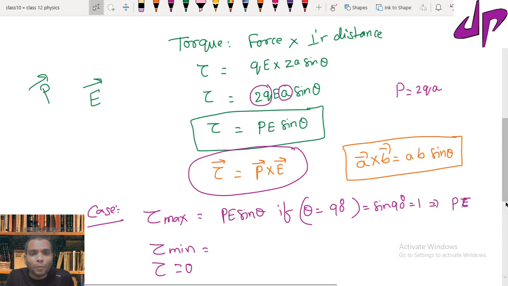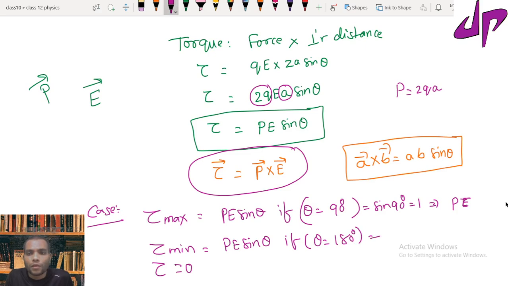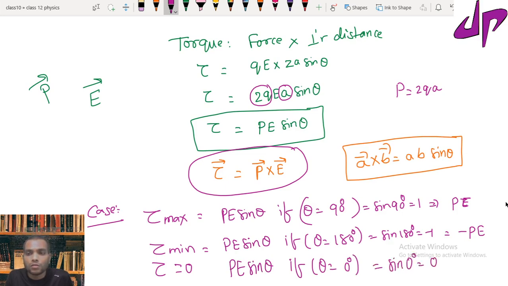When tau equal to minimum, if you take the same formula P sin theta, if theta equal to 180 degrees, sin 180 degrees equal to minus 1, which equals minus P. And when tau equal to 0, if you take P sin theta, if theta equal to 0 degrees, so sin 0 equal to 0, now the tau value becomes 0.